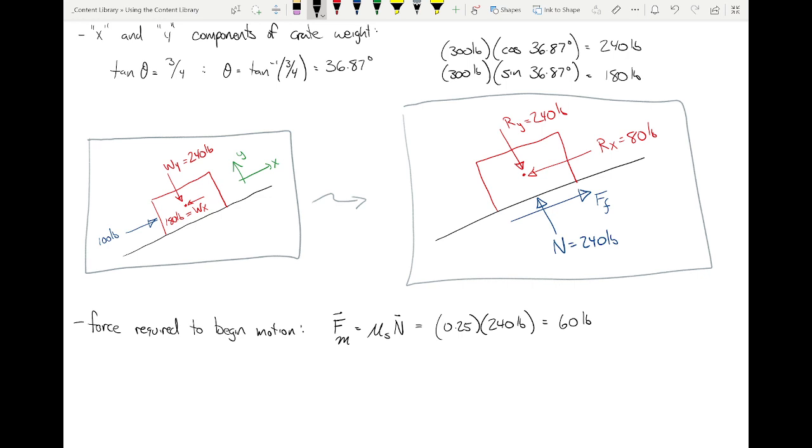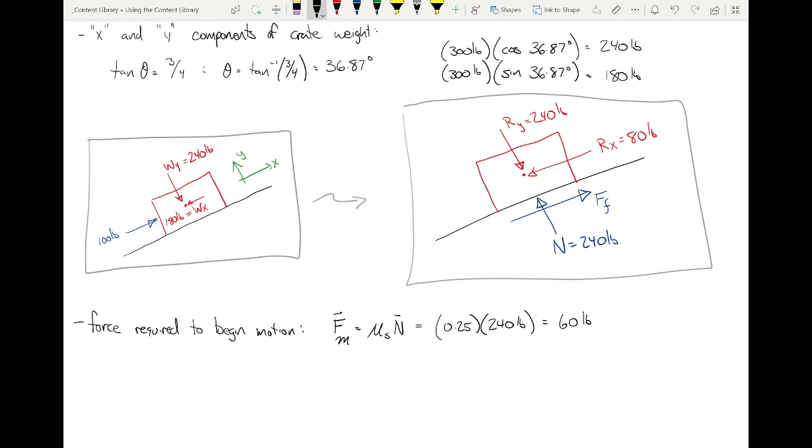Everybody okay with the math? Now let me ask you a question. Based on what you're looking at right now on the screen, is that crate going to sit still or is it going to move? Who votes sit still? Who votes move? Good. It's moving. Why is it moving? Because Rx is bigger than that.